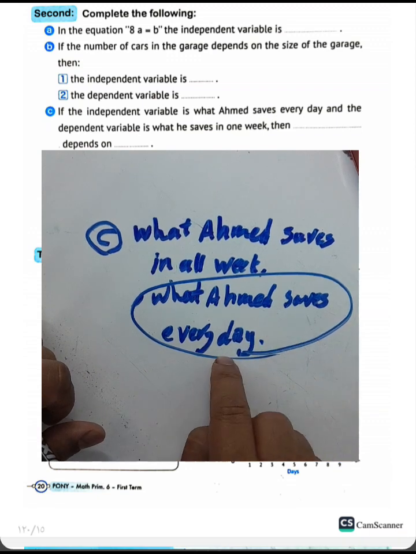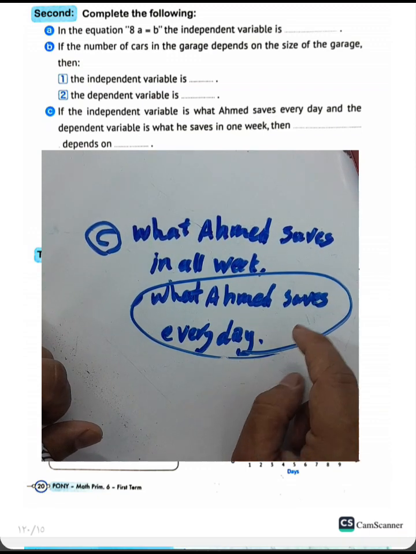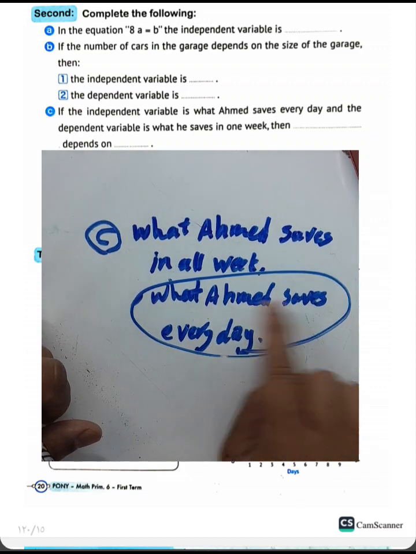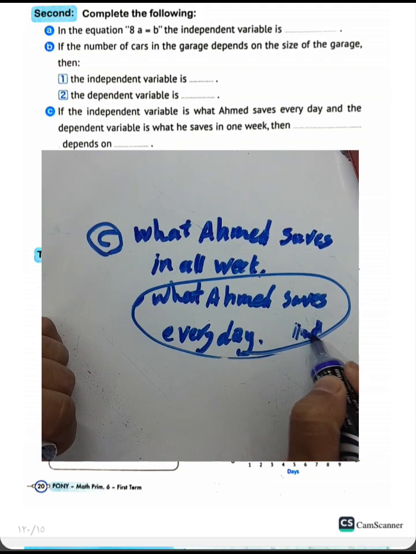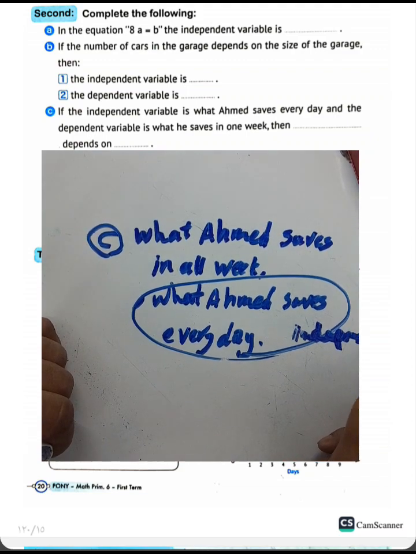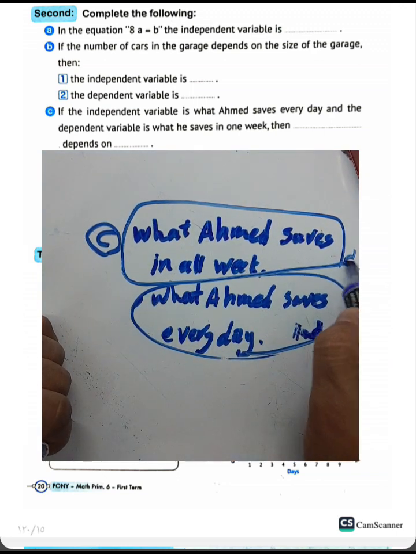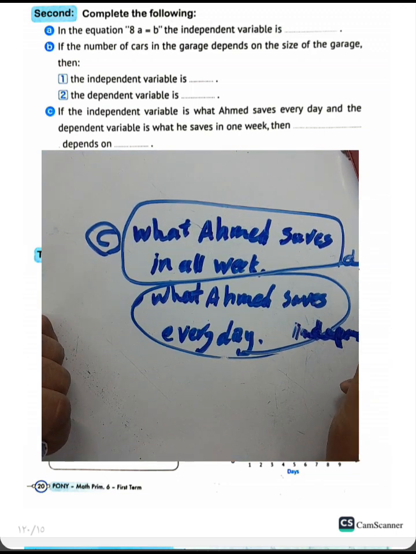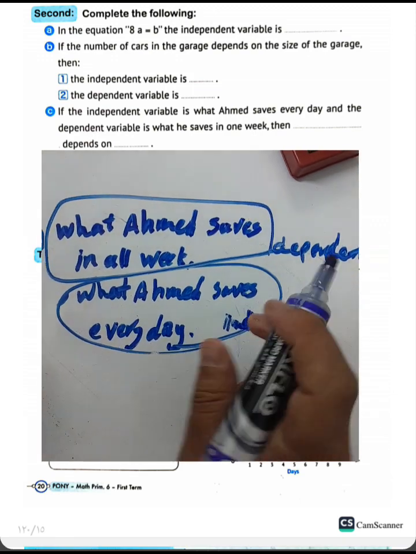So what Ahmed saves every day, we call it what? Independent. What Ahmed saves all the week, we call it dependent.